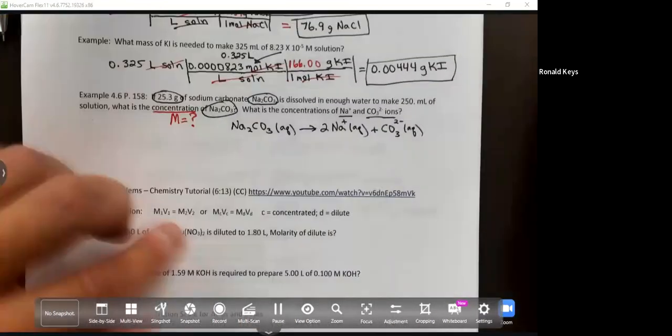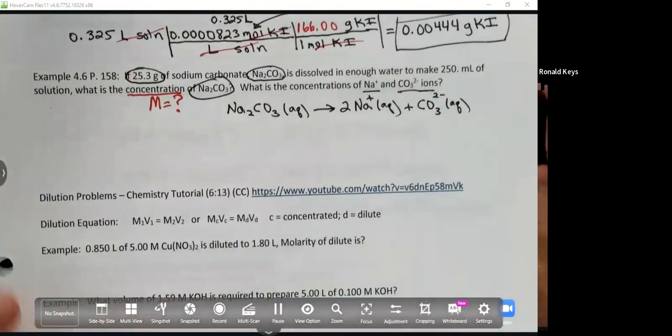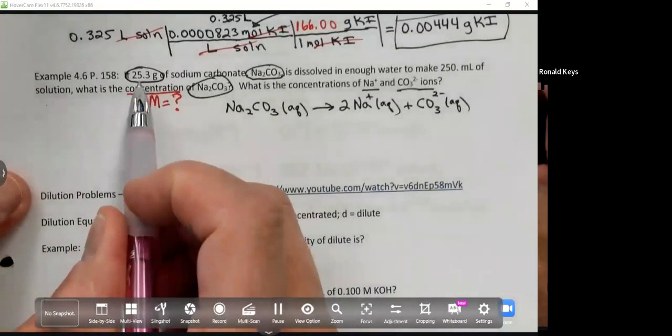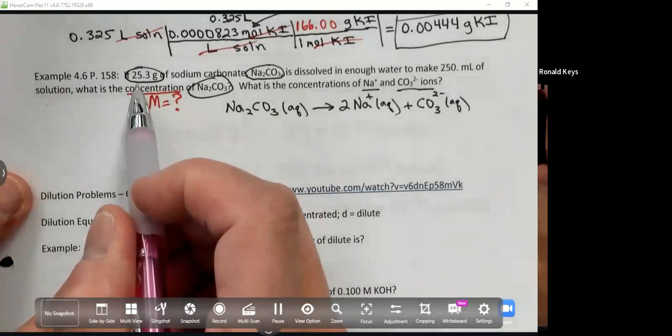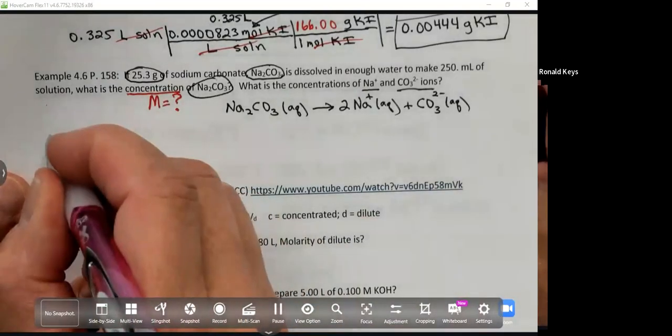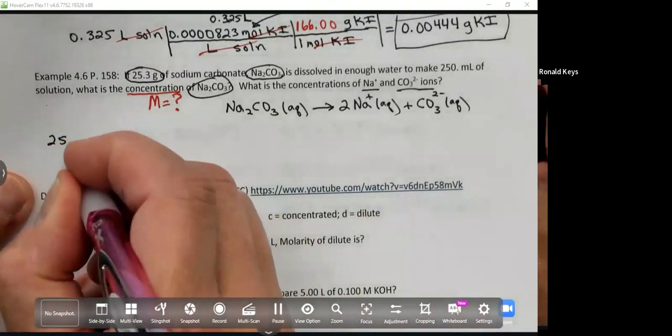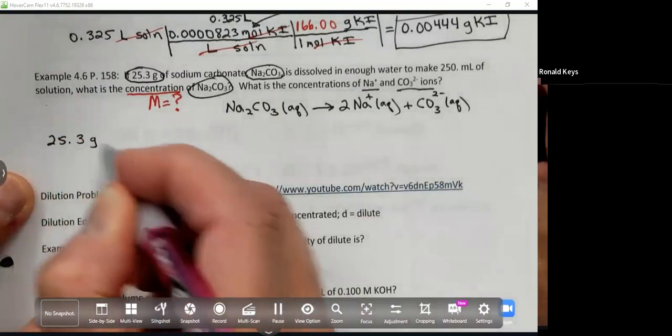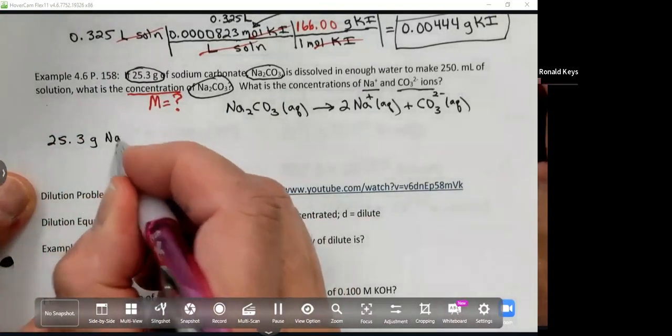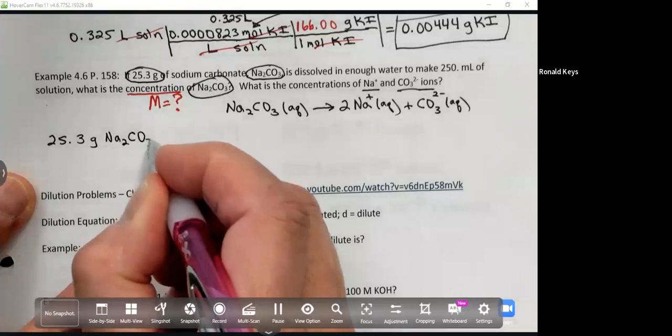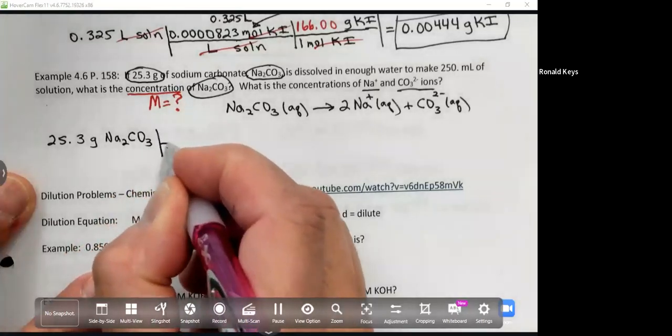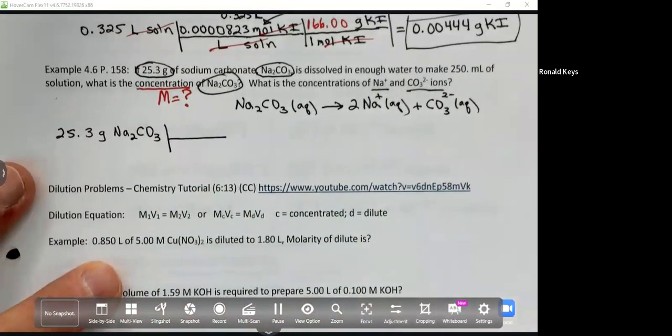Doesn't matter how ugly it looks, just get moles over liters. Let's start with the grams because that's going to get us the moles, right? So we are going to start with 25.3 grams of Na2CO3, sodium carbonate.